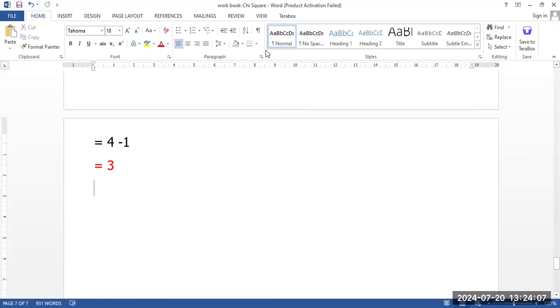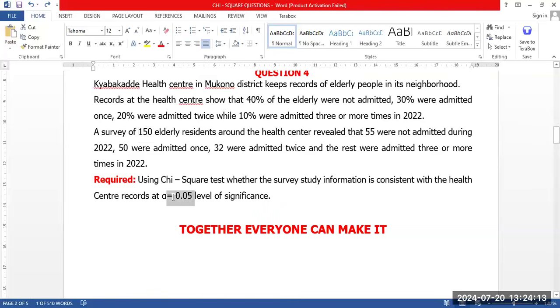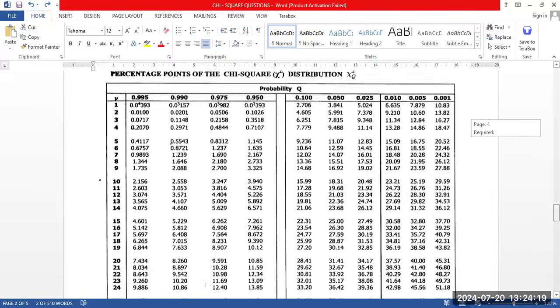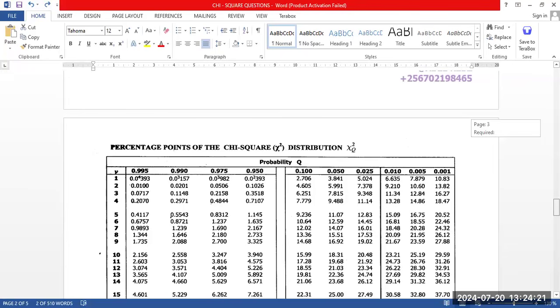You have level of significance as what? As 0.05. So you will use your chi-square table, which is this one, V is 3. Move horizontally, look for where you have 0.05, which is 7.815.